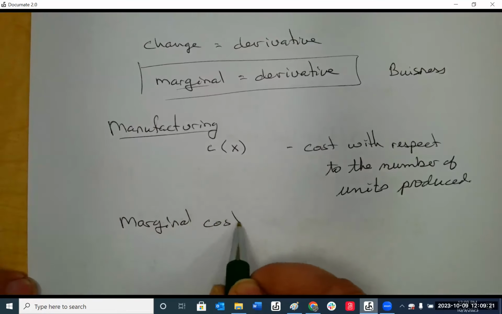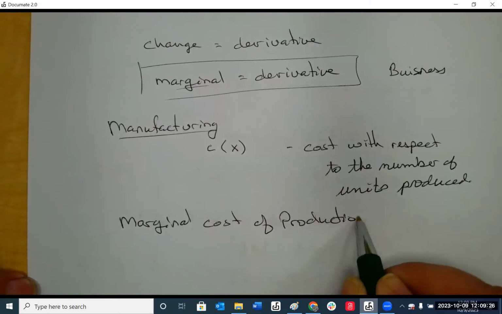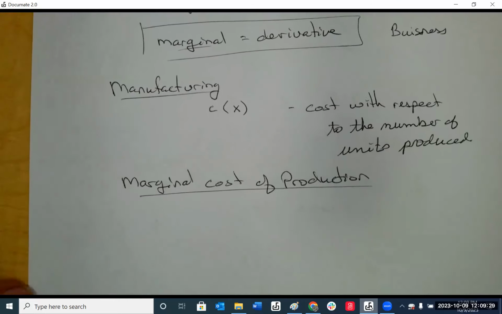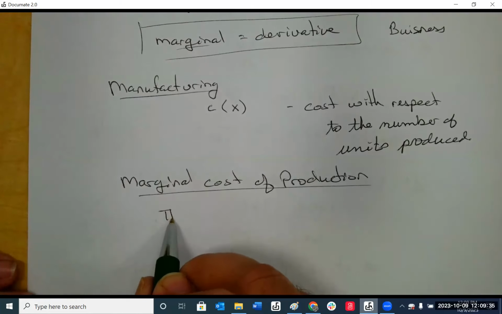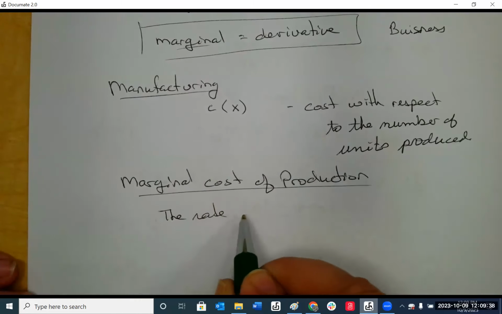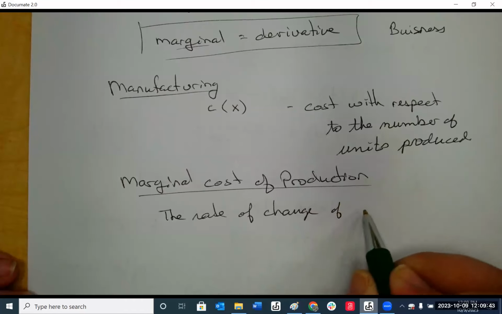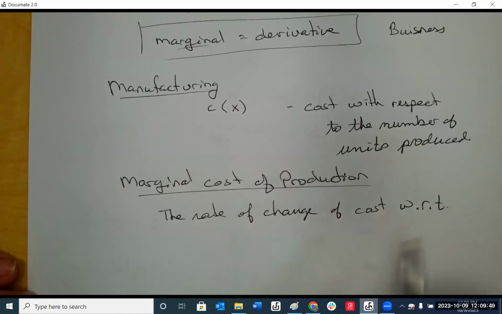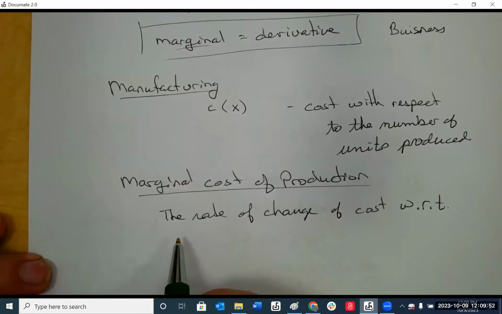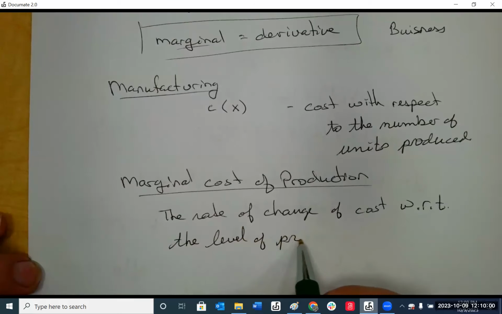The marginal cost of production is the rate of change of cost with respect to the level of production.